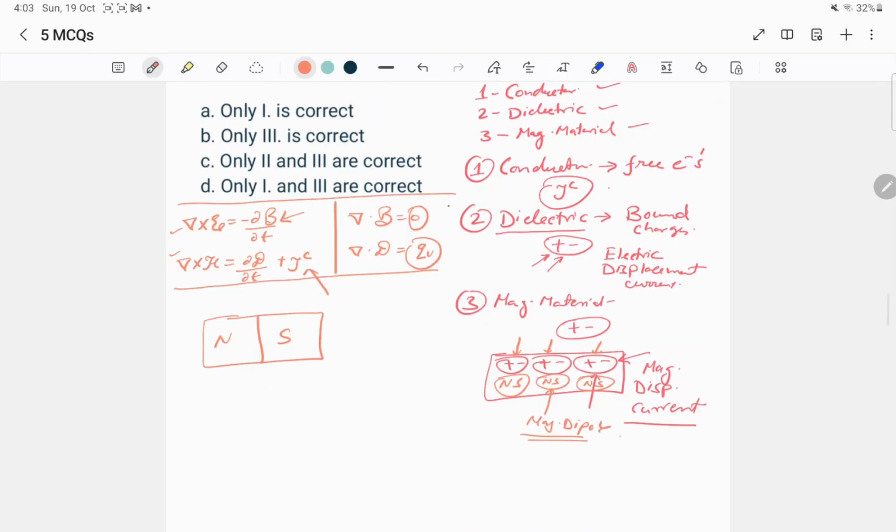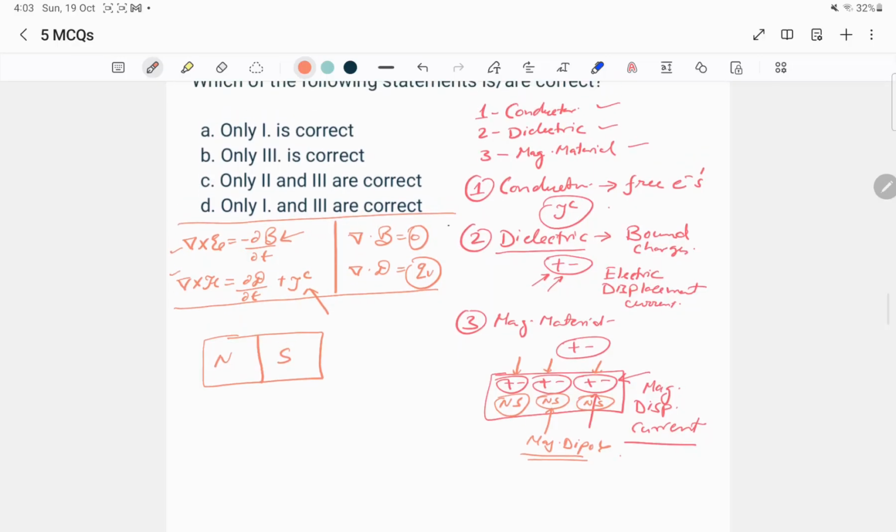Let us come back to our second statement. Suppose we have a magnetic bar which has a north pole and a south pole, and I break this bar from the middle and make it apart like this. Do you think you will get a single north pole here and a single south pole here?